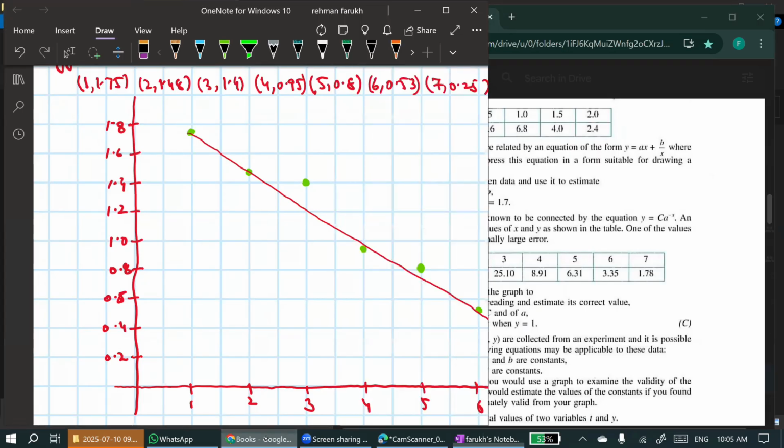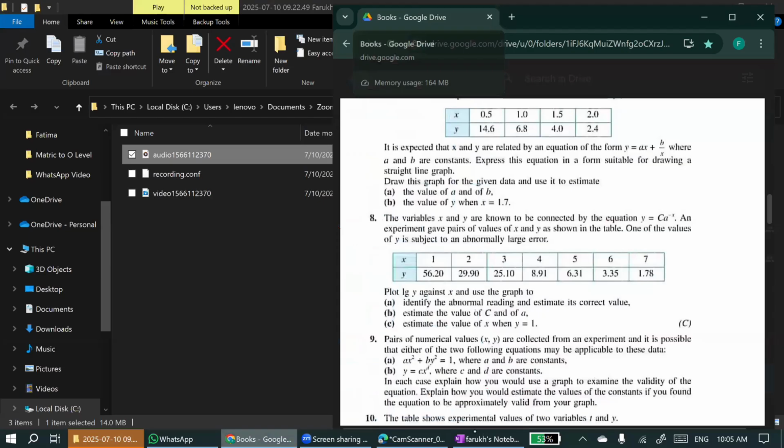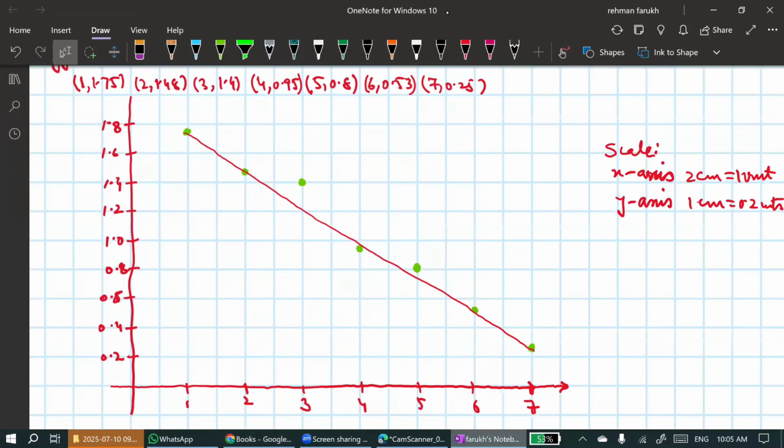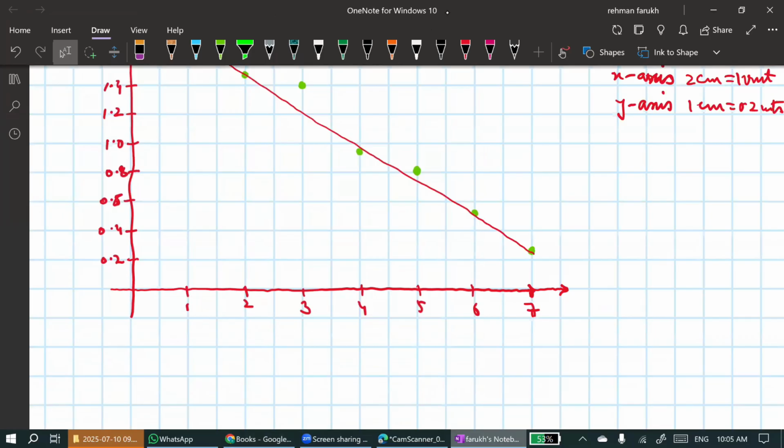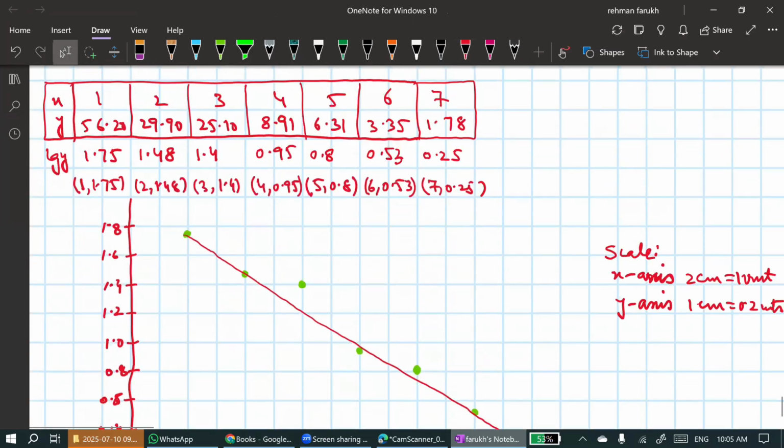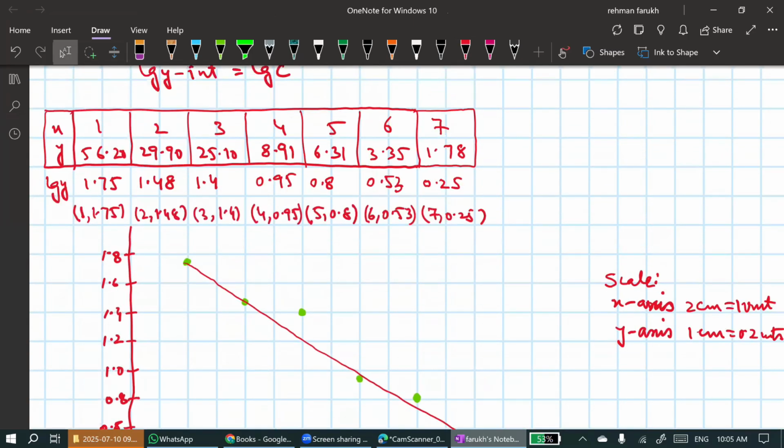The abnormal value, the incorrect value, is 3 and 25.10.